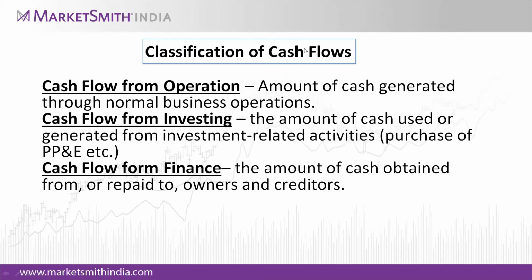So anything which deals with hard velocity of money, where the circulation of money is happening in the entire business activities that are carried on, they are supposed to be accounted for in cash flow statements, and they give you an actual picture in terms of how the actual business is being run on an operational basis.